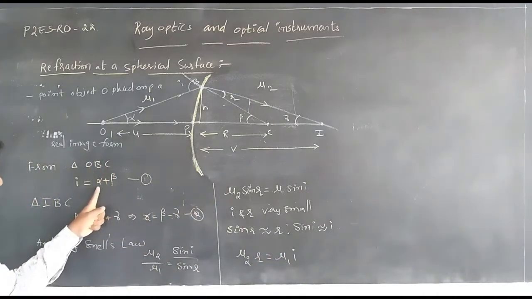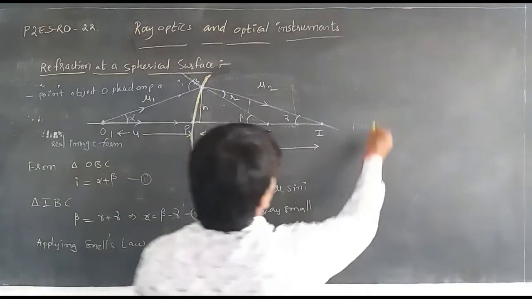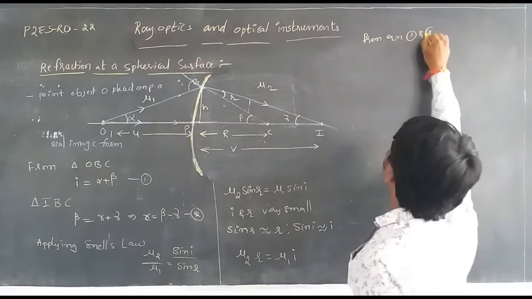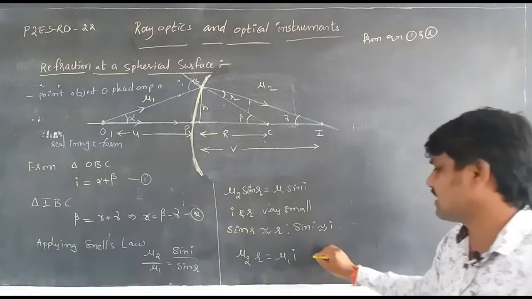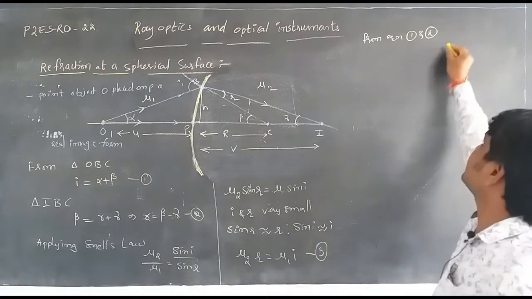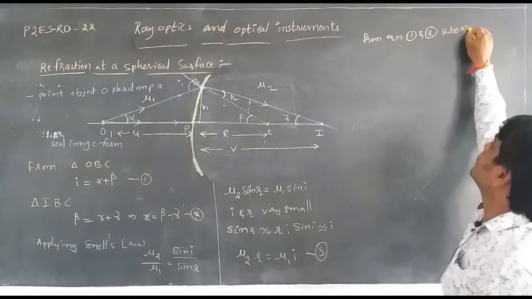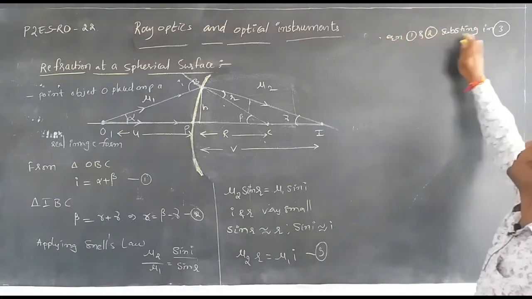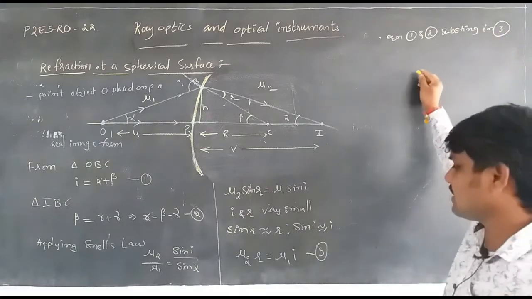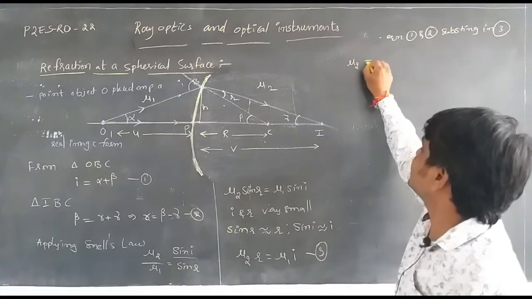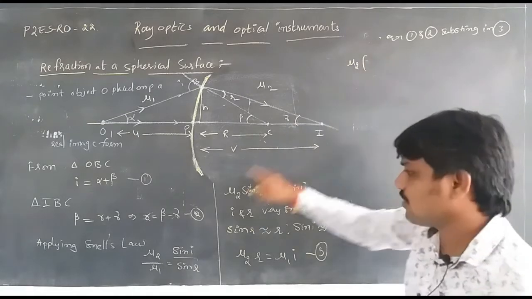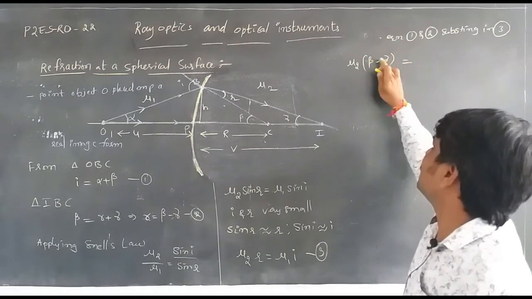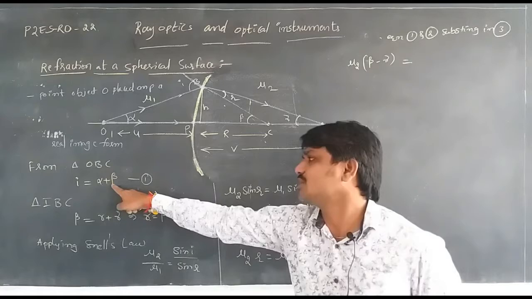From equation 1 and equation 2, we substitute in equation number 3. Substituting, mu2 into R is equal to beta minus gamma, and mu1 into I is equal to alpha plus beta.